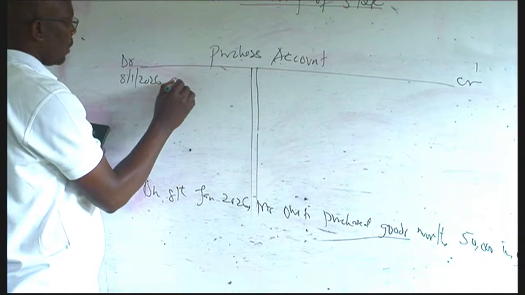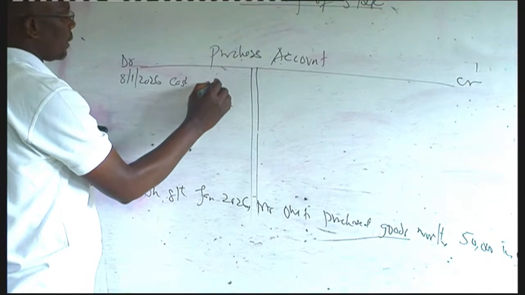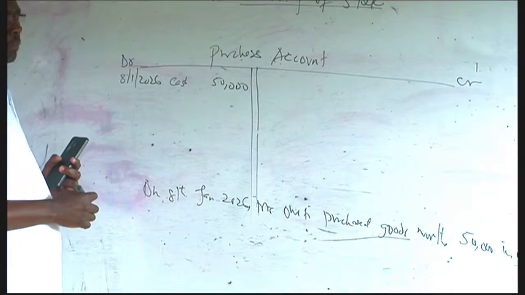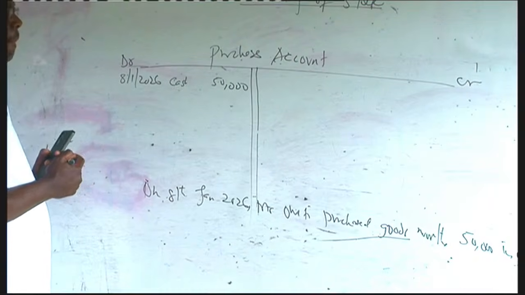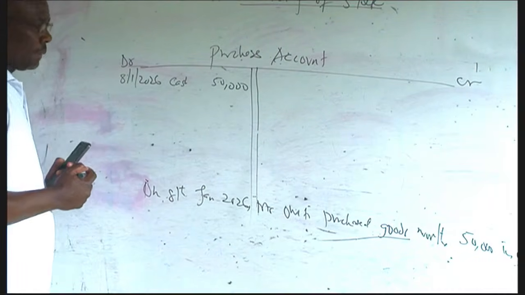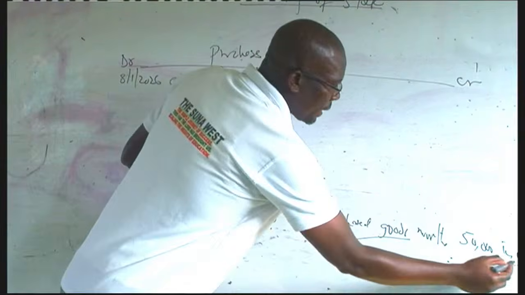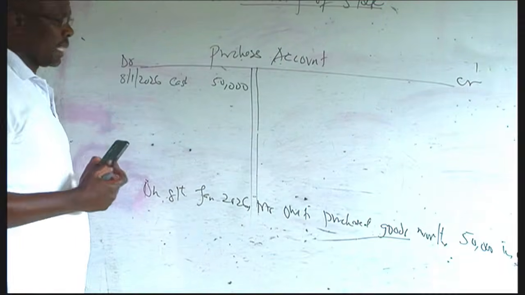The transaction is in cash, and the amount that is involved is 50,000. We have debited because it is increasing purchases. But remember, there is another account being affected in the transaction, which is cash.